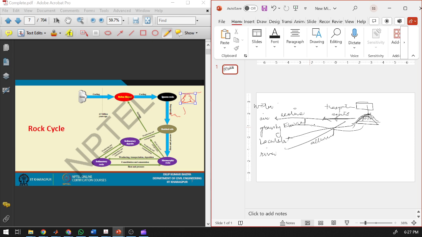Now, as the transportation keeps happening, it gets transported in layers and layers and layers. Due to the buildup of this overburden pressure, the bottom layers get compressed.